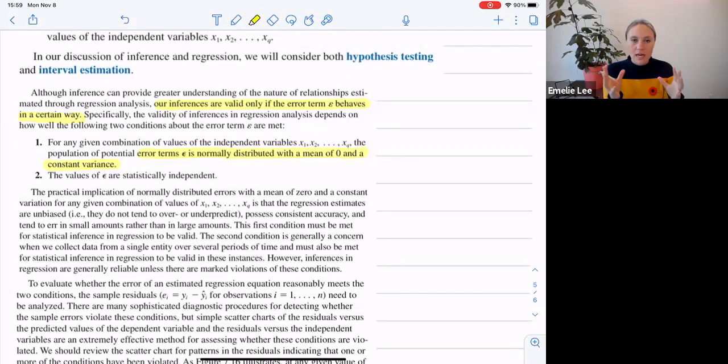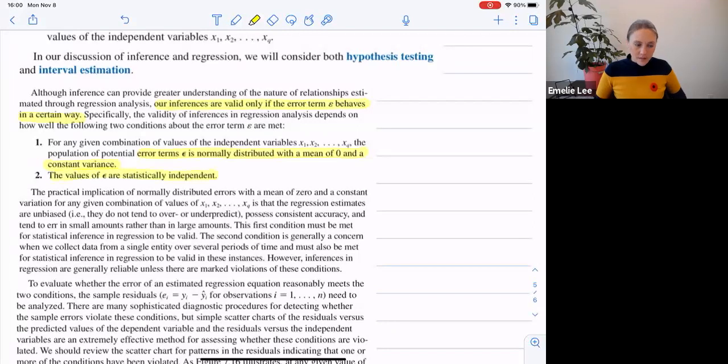You want random scatter around this straight line. And then the values of the residuals are statistically independent. Just because a previous observation was underpredicted, that doesn't mean that the next one has to be underpredicted. It can be, but it doesn't have to be, because they're independent.